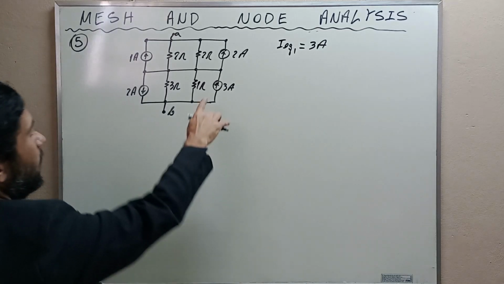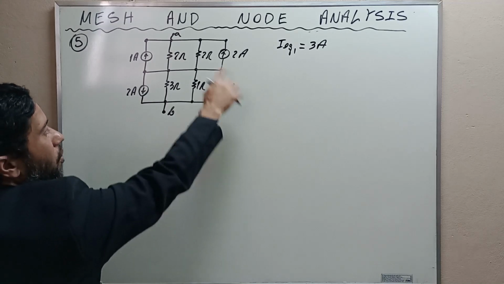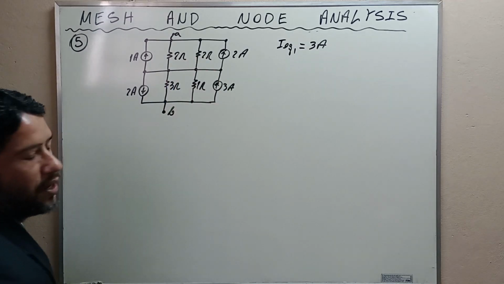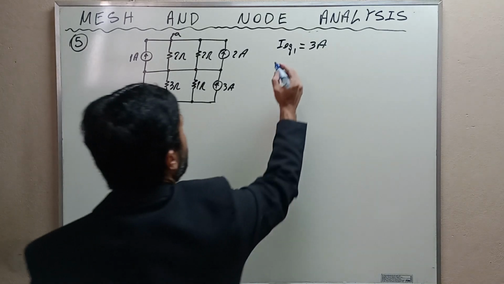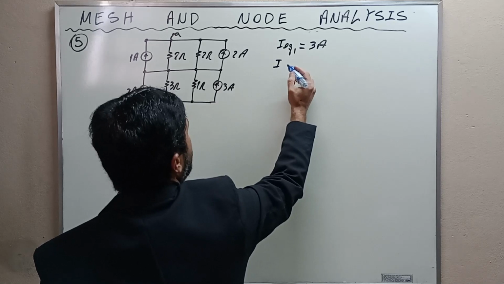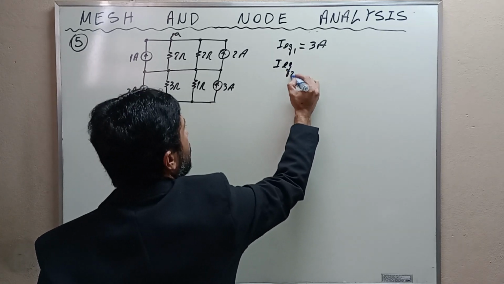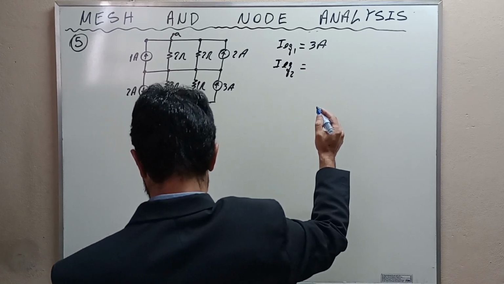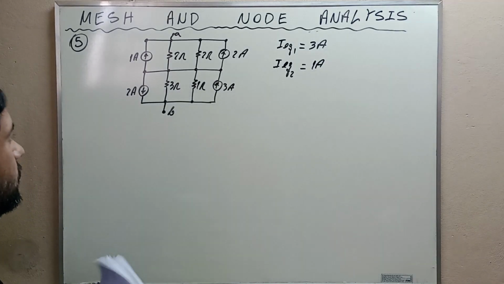And observe that these current sources are subtractive because they inject current at different terminals. Okay, so the equivalent current source number 2 is equal to 1 amp.